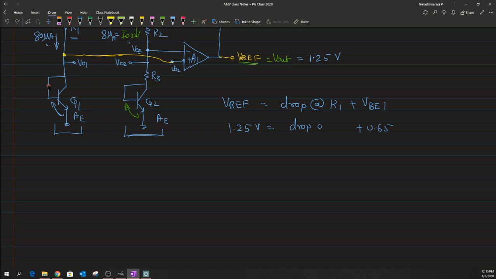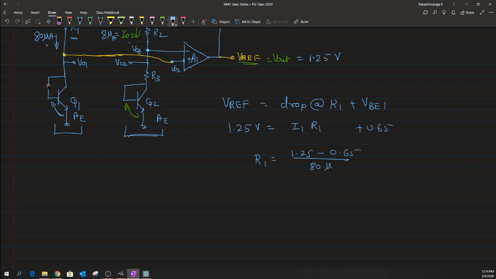Okay. So the drop across the resistor is given by the current flow, which is I1 into R1, right? Yeah. So after doing some pretty simple math, one would end up having this to be equal to 0.65 divided by the current, which is 80 microampere.